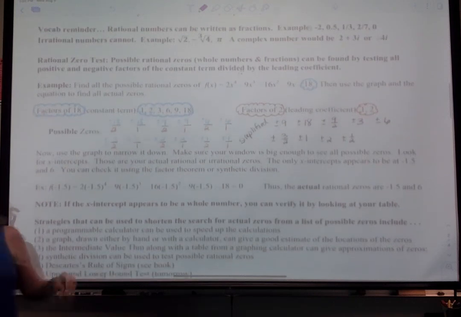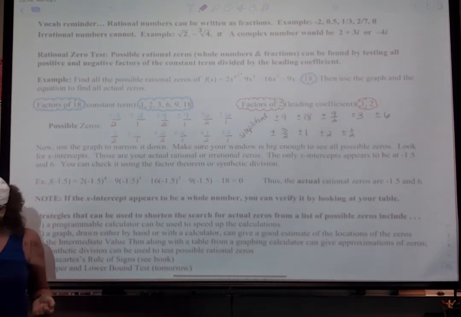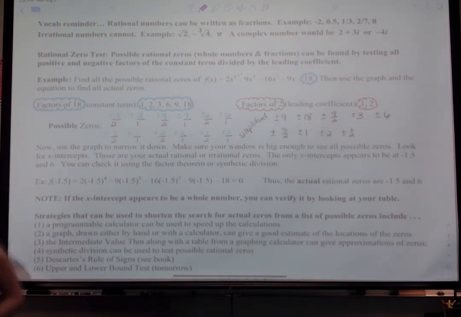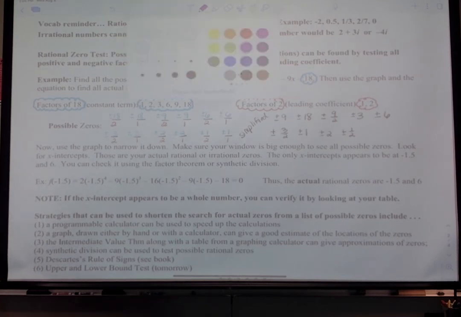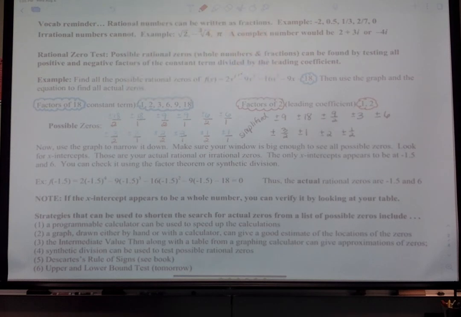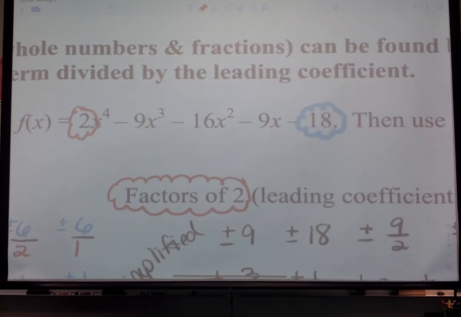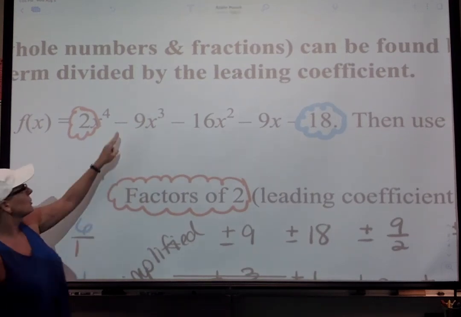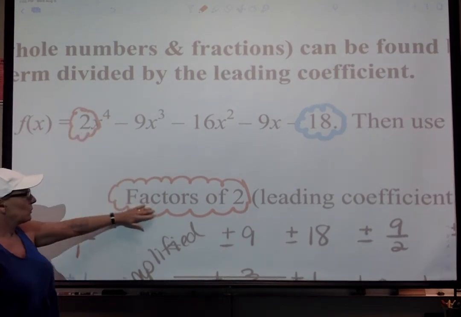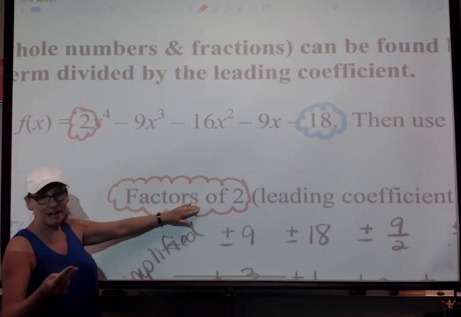Okay, so possible rational zeros. Here's what you're going to do. We would take our polynomial and we would look at two numbers. We would look at the leading coefficient and we would think about all of its factors.